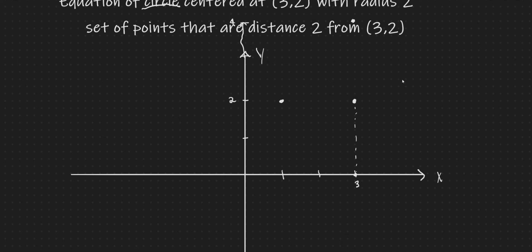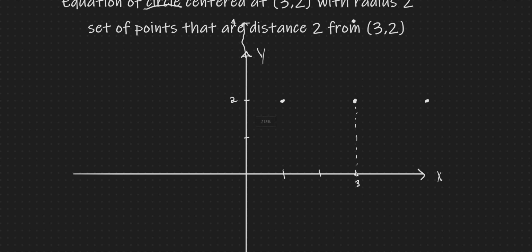Apologies. And then 2 over this way. So 1, 2. So those 4 points are all on the circle. And so my circle looks like everything that's distance 2 from that center point.